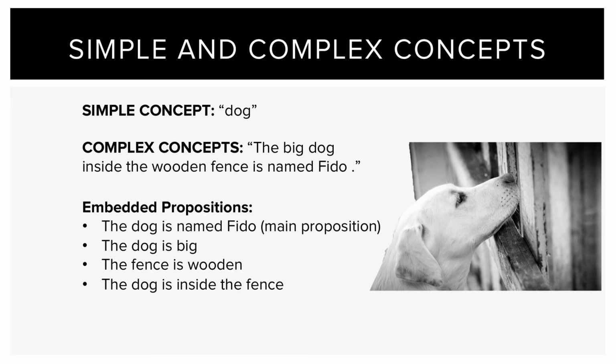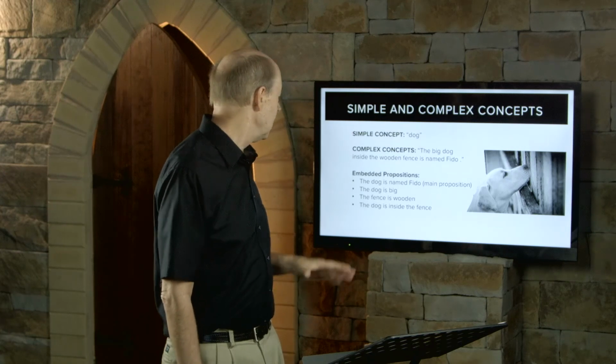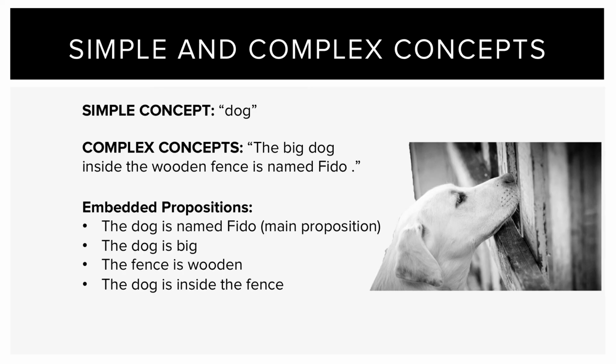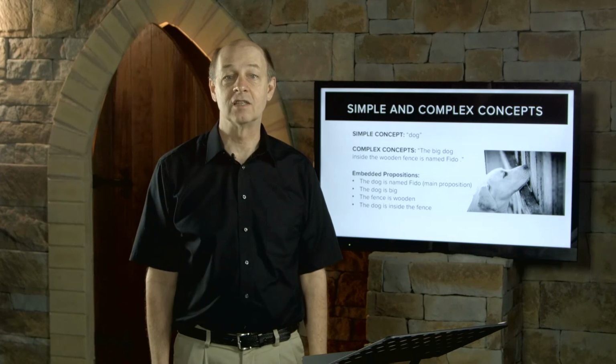So there are some embedded state propositions within this sentence. The basic proposition in this sentence is the dog is named Fido. But we also have three more state propositions that are embedded, creating complex concepts. The dog is big, the fence is wooden, the dog is inside the fence.